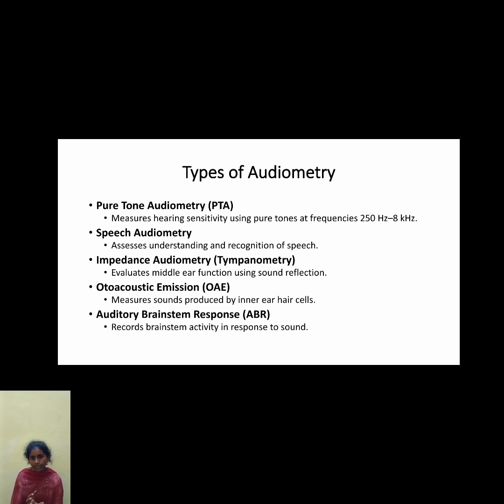Speech audiometry measures how well a person understands speech. Impedance audiometry evaluates middle ear function, and otoacoustic emission checks inner ear outer hair cell function, and auditory brainstem response assesses the auditory nerve and brainstem. Each type provides a different layer of information about the hearing system.